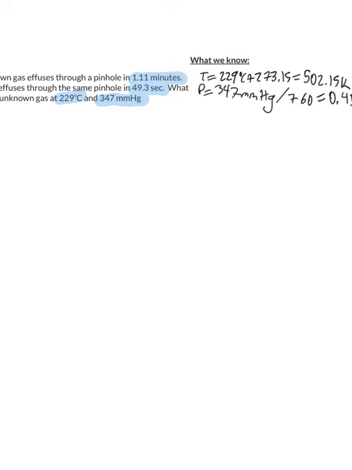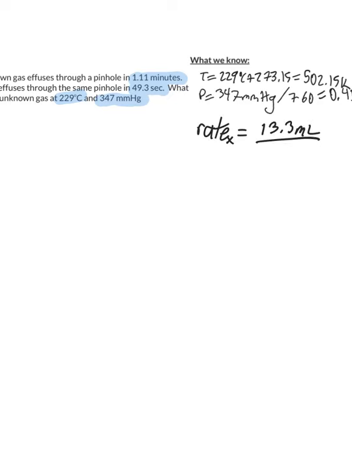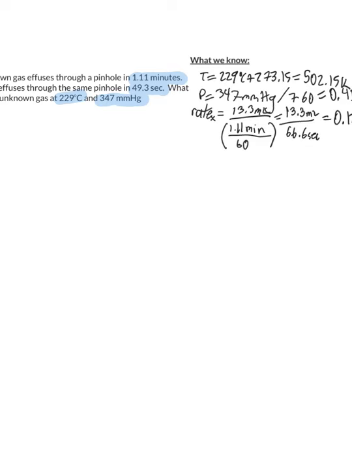We know the rate of X is 13.3 milliliters per 1.11 minutes, which we will multiply the 1.11 by 60 to find 66.6 seconds. So now we know that the rate is 0.120 milliliters per second, and the rate of Cl2 is 9.33 milliliters divided by 49.3 seconds, which is equal to 0.189 milliliters per second.